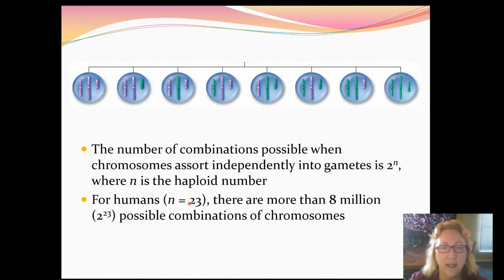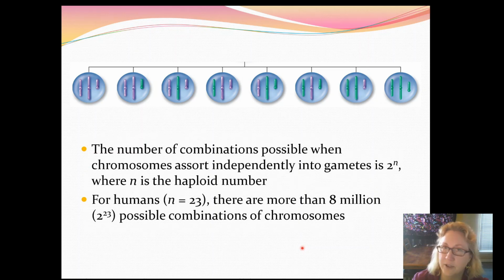Now for humans, the n number is 23. So 2 to the 23rd is about 8.4 million. So that means that each individual human can produce about 8.4 million different gametes just based on combinations of maternal and paternal chromosomes.